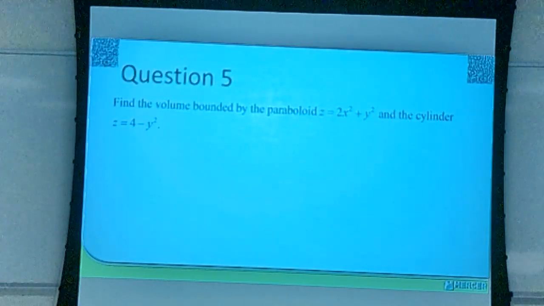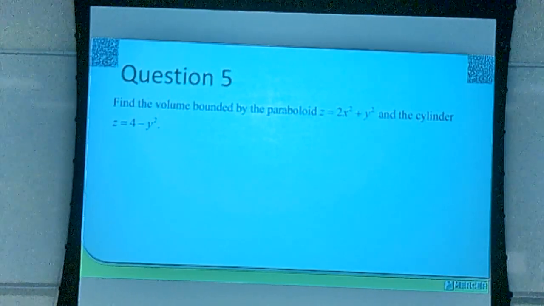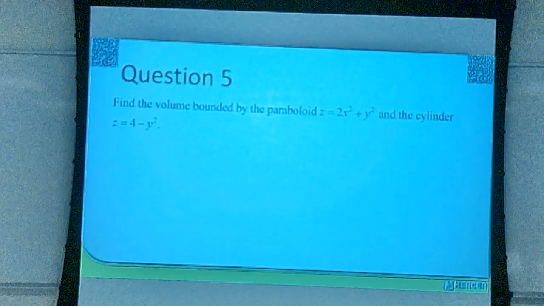Find the volume of the solid bounded by the paraboloid z equals 2x squared plus y squared, and the cylinder z equals 4 minus y squared.